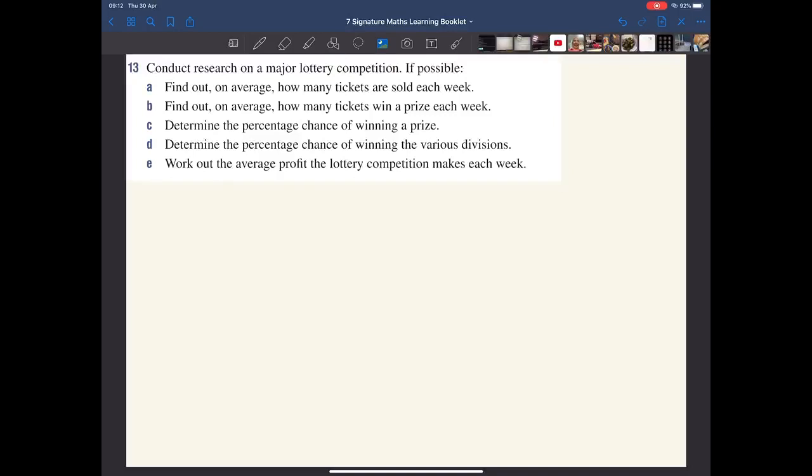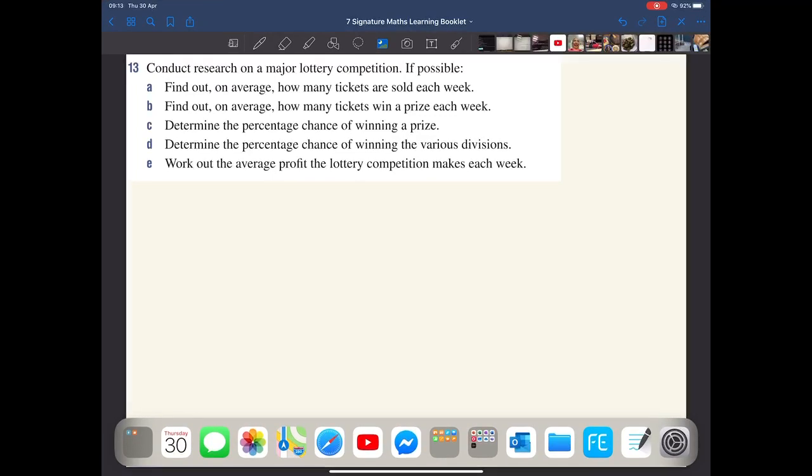Conduct research on a major lottery competition, if possible. Find out on average how many tickets are sold each week. Find out on average how many tickets win a prize each week. Determine the percentage of chance of winning a prize. Oh, wow. Okay, well, I didn't expect to be doing this, but I guess we can give it a shot.